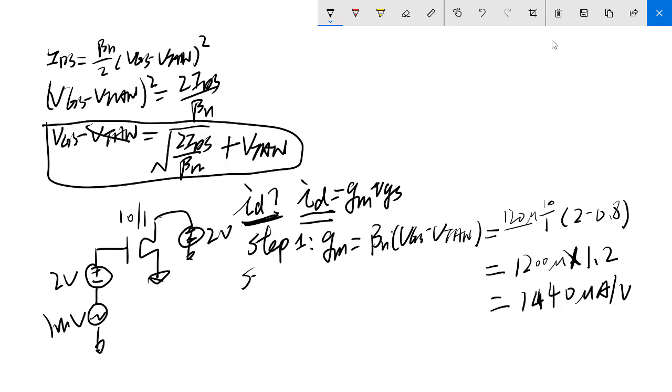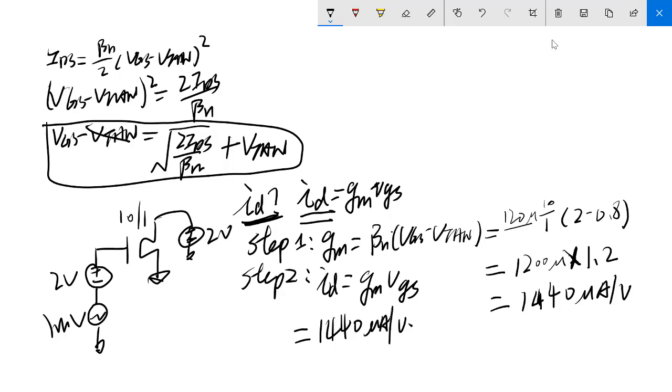And step 2, calculate id equals gm times vgs, which is 1440 microamps per volt times vgs, which is 1 millivolt. So this equals what?